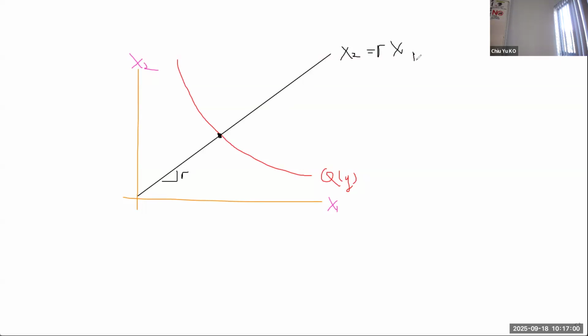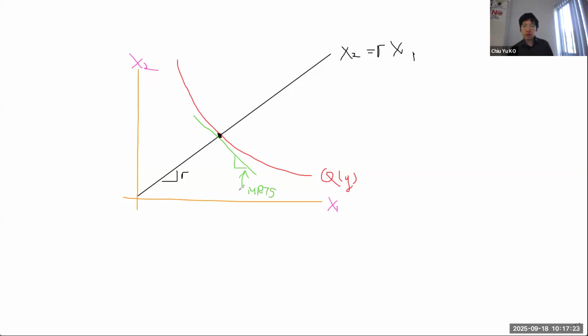And at this point, you can calculate the slope of the isoquant. I mean, it's meant to be close to that line, close to the point. But this slope is the MRTS.